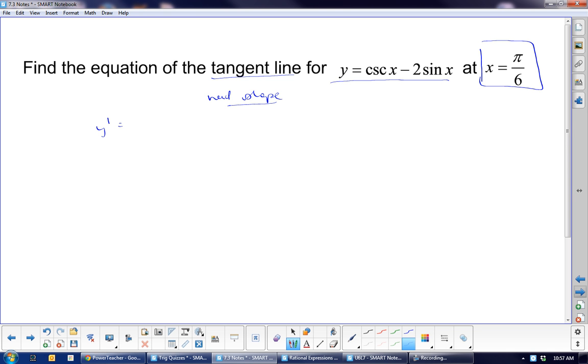So y prime would equal cosecant x is negative cotan x cosecant x minus 2, and sine x is cos x. So the slope at pi over 6.